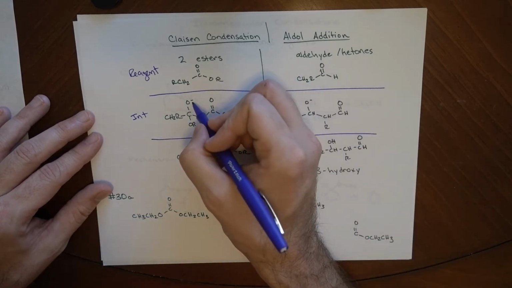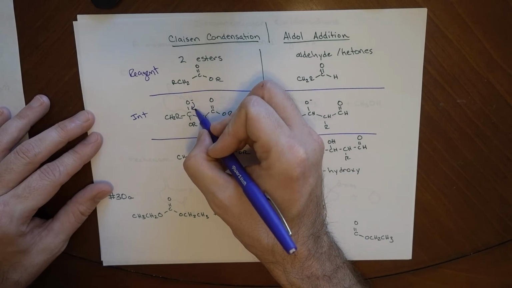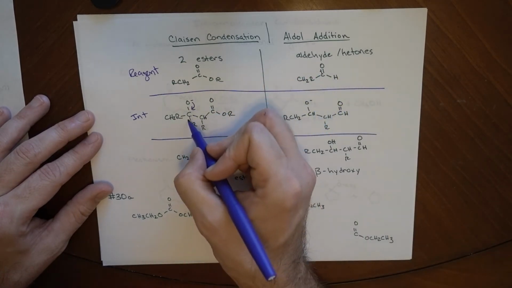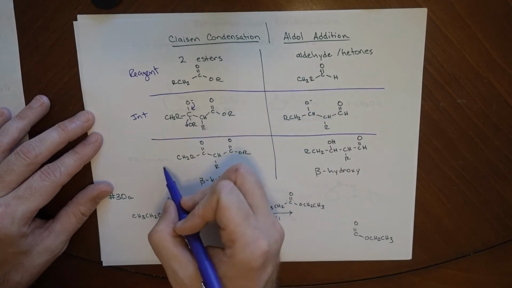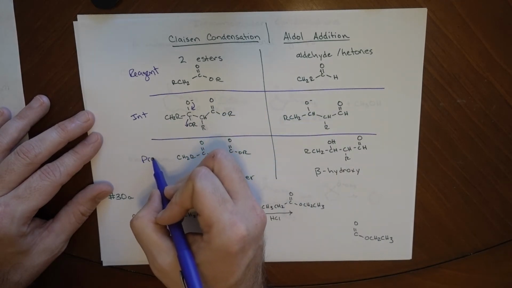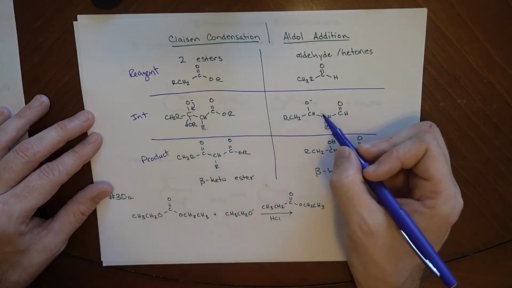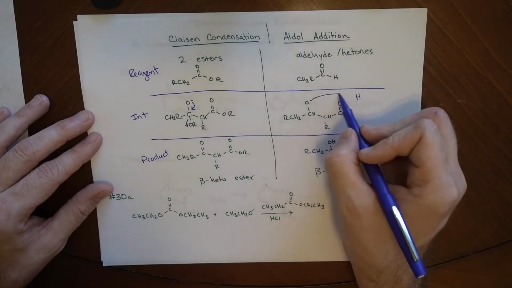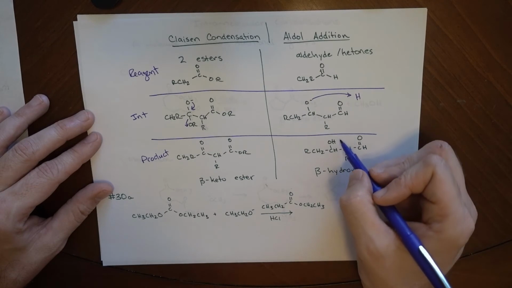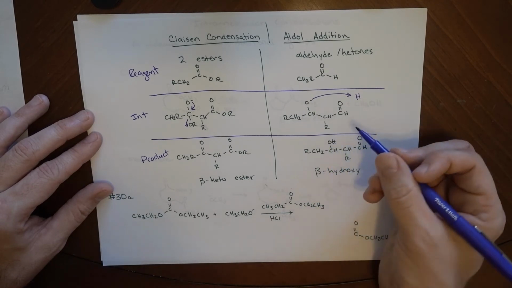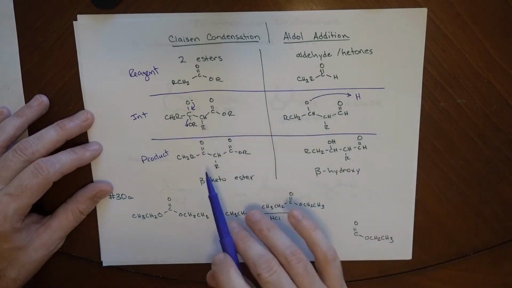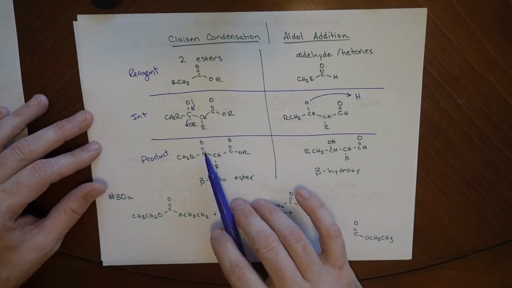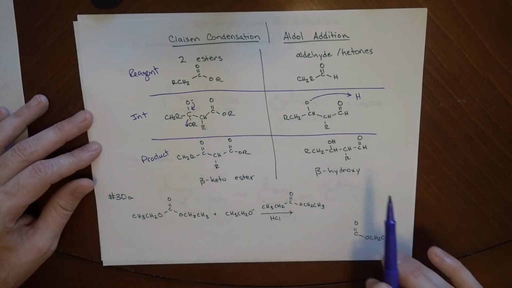So that when these electrons come back down, this gets kicked off and we get a carbonyl. Okay, so this is our product. And here we're able to grab an H from somewhere and we make an alcohol. So here we form an alcohol and here we form a ketone. And that's the main difference between the Claisen condensation and Aldol additions. Here we're going to form a carbonyl compound and here we form an alcohol.